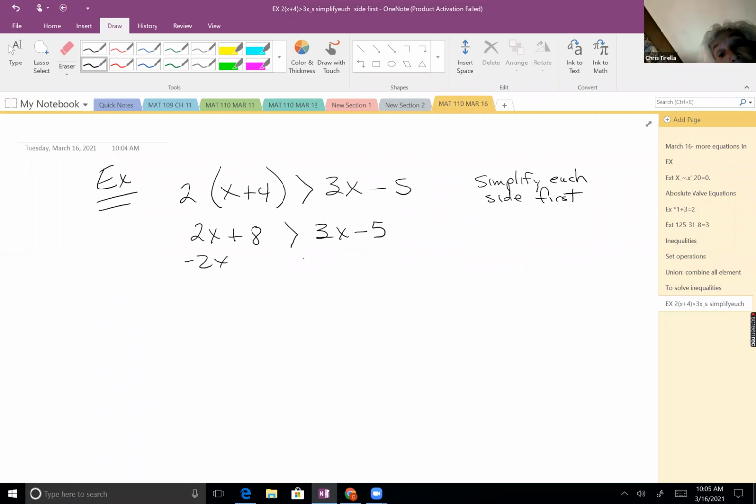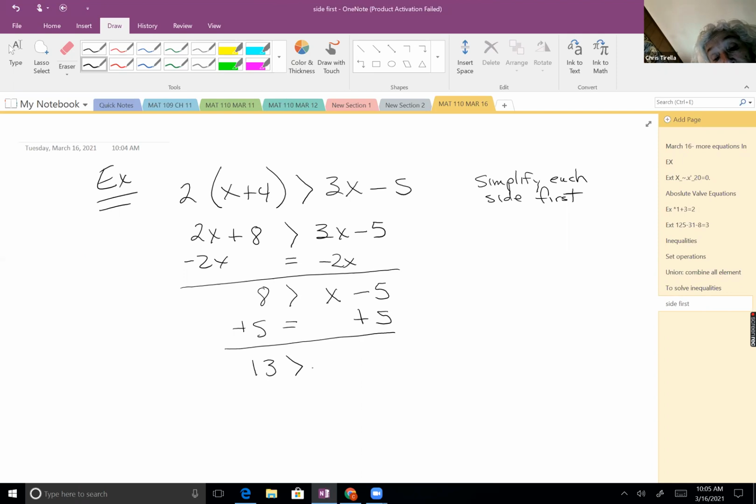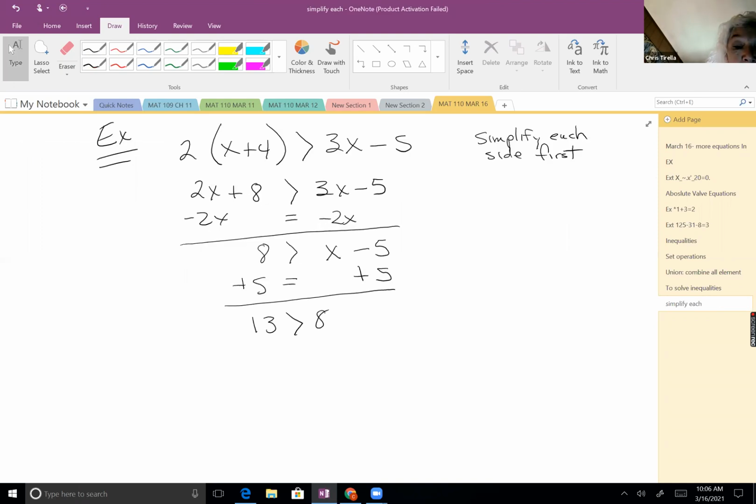So if I subtract the 2x from both sides, because we're subtracting, the inequality remains the same. Now to get the x alone, we'd have to add the 5 to both sides. And the inequality, because we're adding, remains the same. And so we get that 13 is greater than, whoops, that should be an x, not an 8.